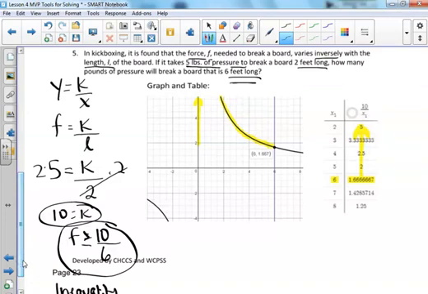So in my graphing calculator, or Desmos, you can type in the general rule y equals 10 divided by x. So I can see that to break a 6-foot board, the minimum amount of pressure would need to be 1.6 repeating, which is 10/6. But notice everything greater than that will also break the board, because every amount of force greater than that value will break the board.